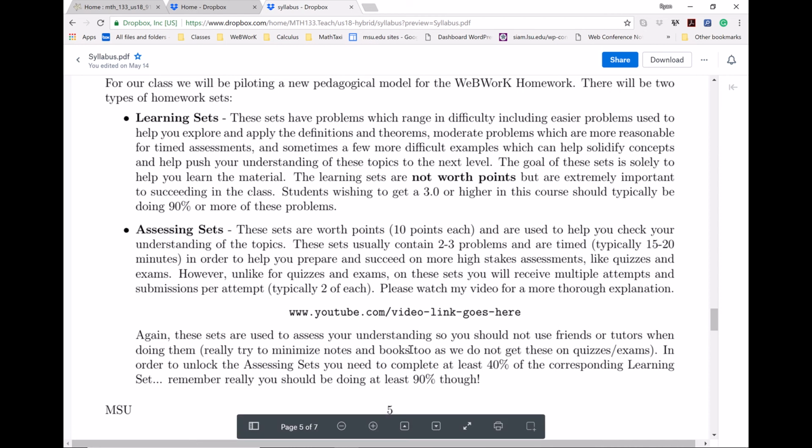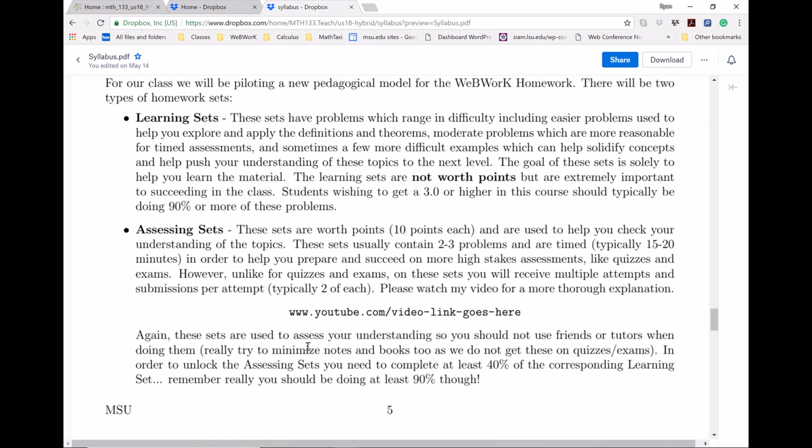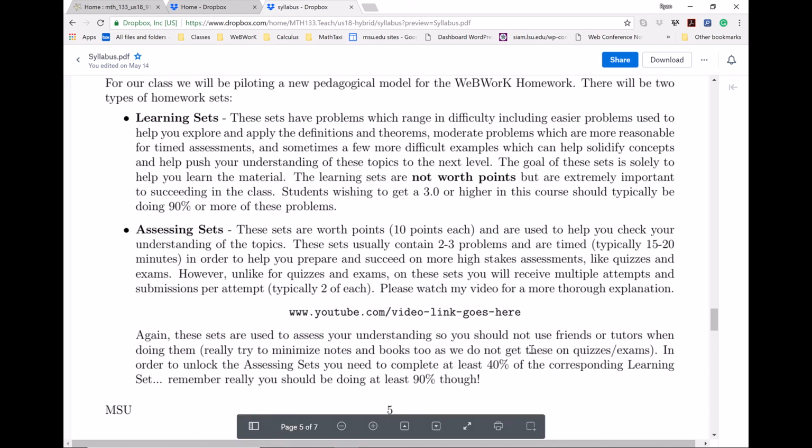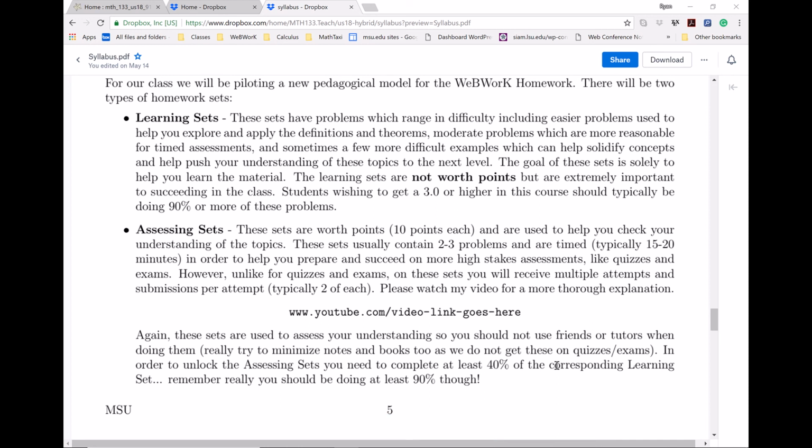Again, they're assessing your understanding, so you really shouldn't be using friends and tutors when you're doing them. You should also try to minimize the notes and the books because we don't get those on quizzes and exams, right? And again, you do need to do 40% of the learning sets in order to unlock and be able to complete the assessing sets.